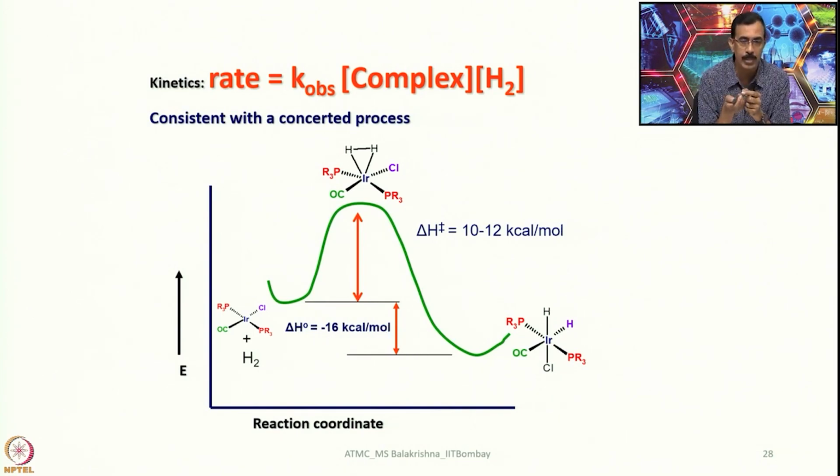So, the overall delta G is about minus 7 kilocalories per mole. These thermodynamic aspects tell us about the reaction and whether it is exothermic or endothermic, and if the delta G of that particular conversion is well within 10 to 16 kilocalories per mole, it can be made reversible.